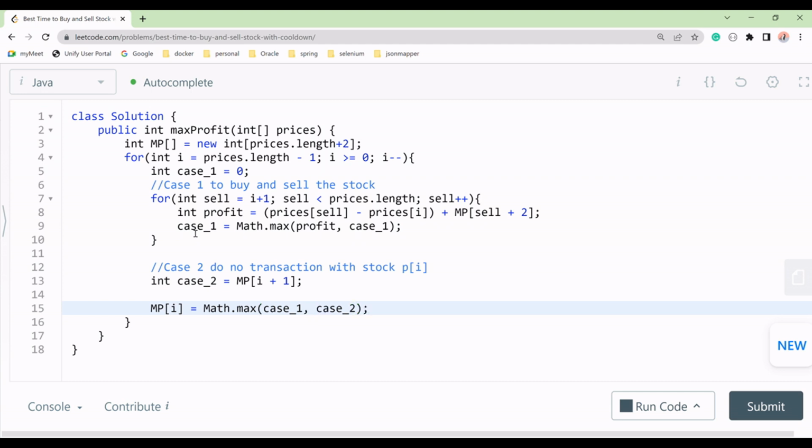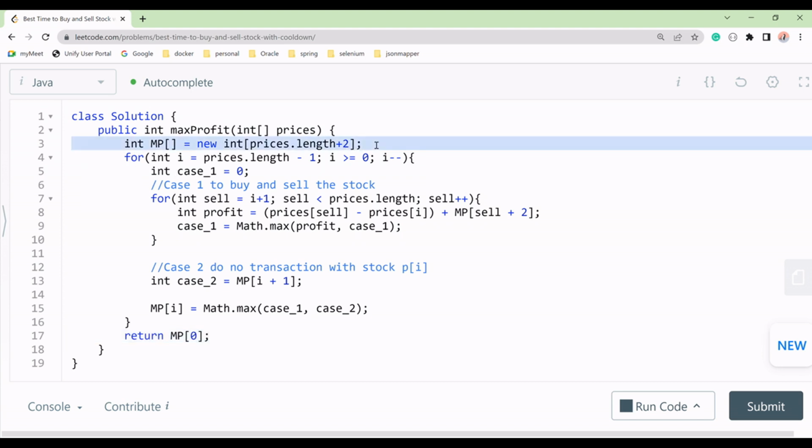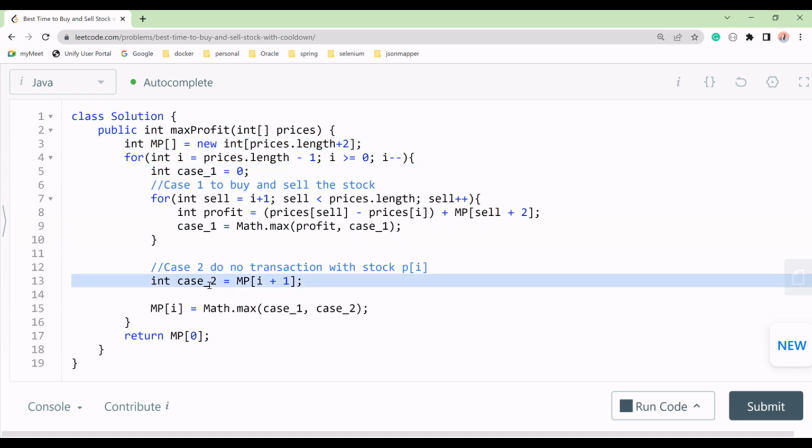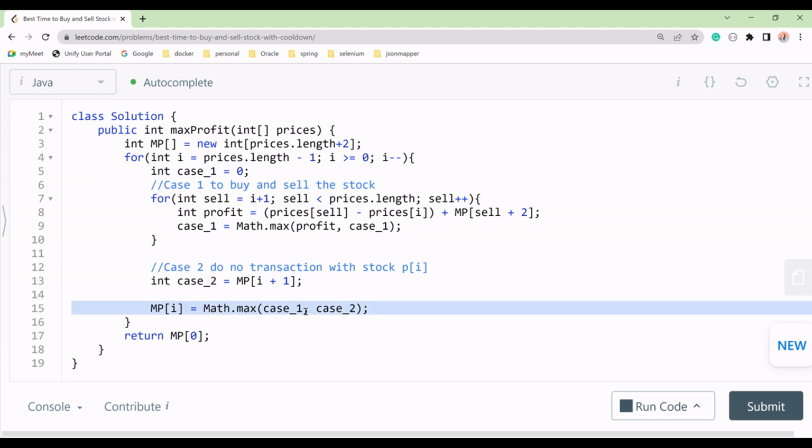And after updating the memory MP, we'll return MP at 0. Because we are doing DP, we have to store some value here, then we calculate case 1, then case 2, and whichever is the max will come to MP of i, and that we will return.